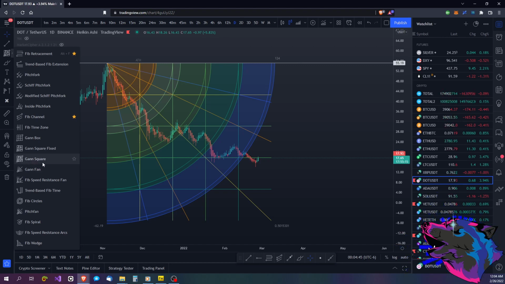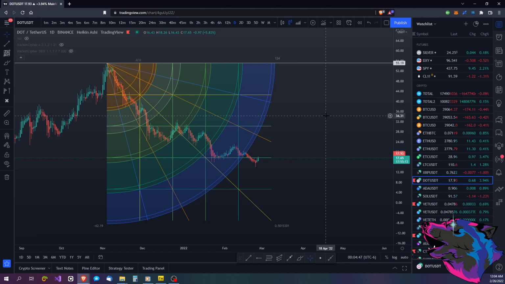So I've been looking forward to doing this Gann Square, but I wanted to make sure I was doing it right. Wanted to make sure I was telling you guys how to do it right. And to be perfectly honest with you, I never got a definitive answer on the way you are supposed to do it. So even just tonight, I've drawn like 40 or 50 of these damn things.